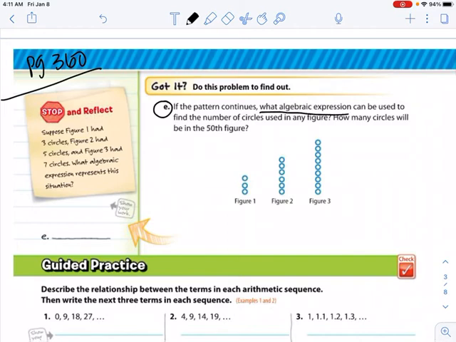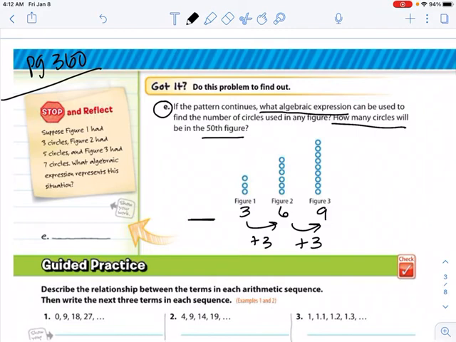So we're looking for an algebraic expression, and then how many circles in the 50th figure. In the first figure, there are 3 circles. Our second figure has 6 circles, and our third figure has 9 circles. So the relationship is increasing by 3.